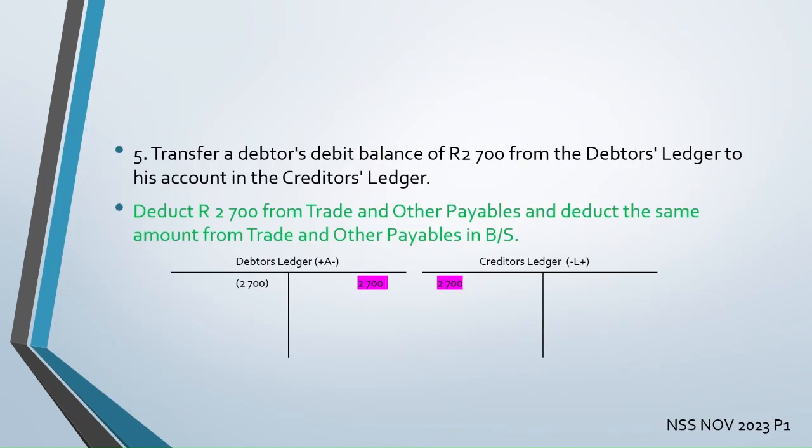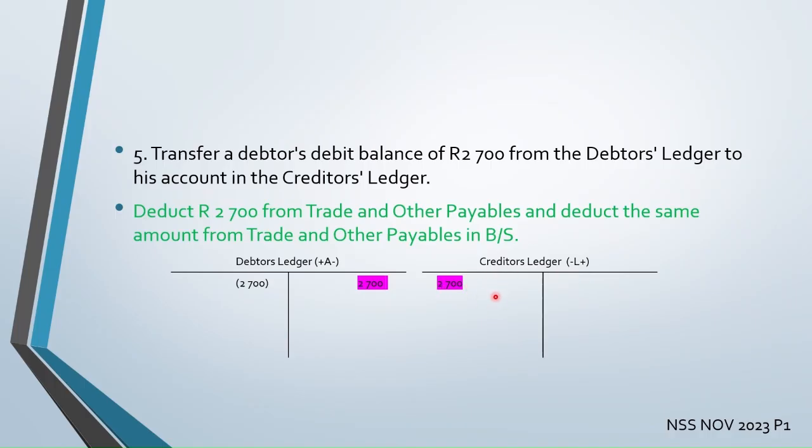Okay, then we're going to transfer a debtor's debit balance of 2,700 from the debtor's ledger to his account in the creditor's ledger. So here is the debtor's ledger. It is an asset, which means it's plus on the debit and minus on the credit. The creditor's ledger is a liability.